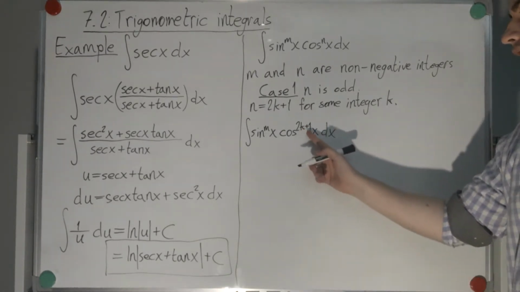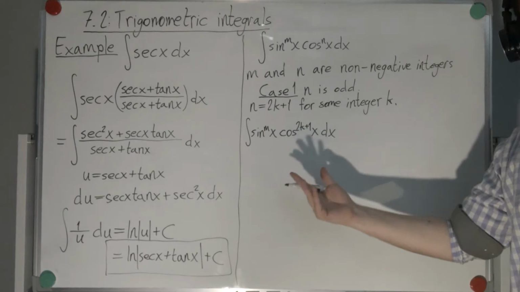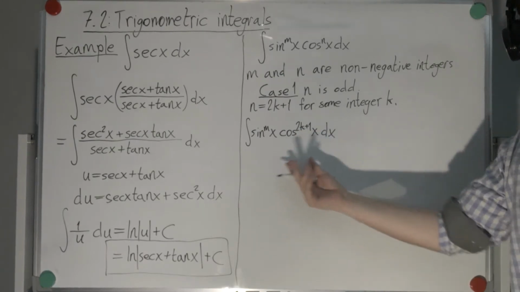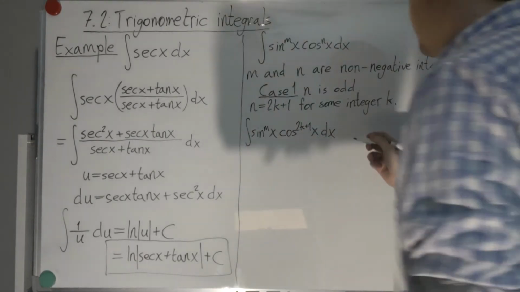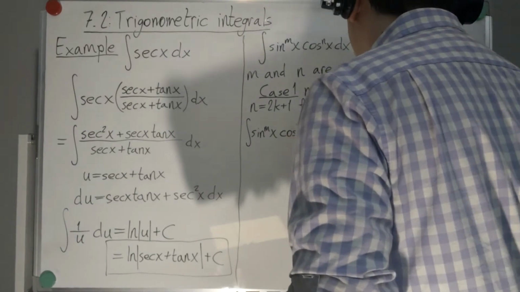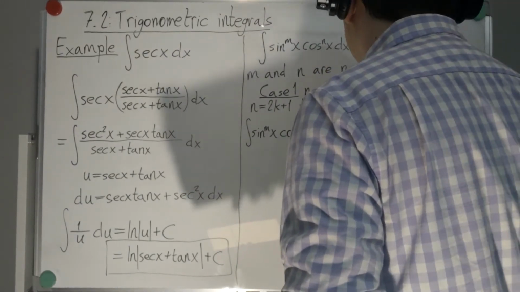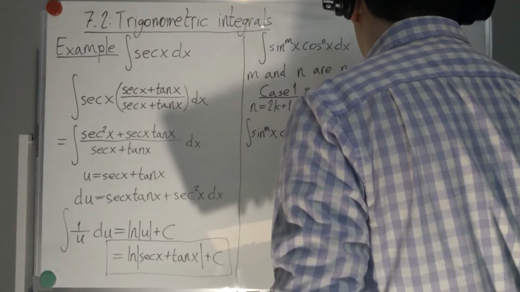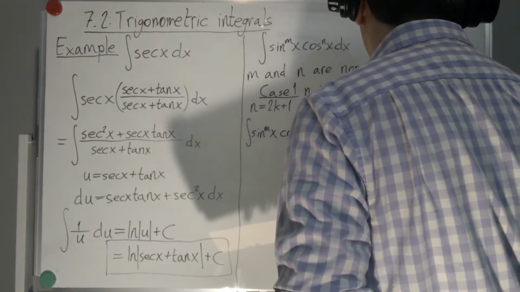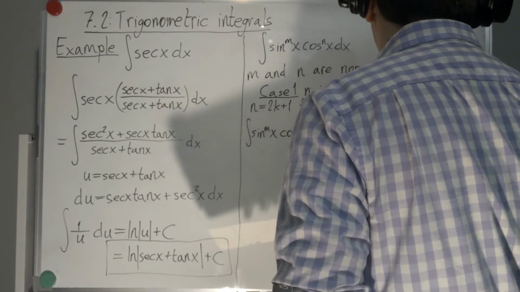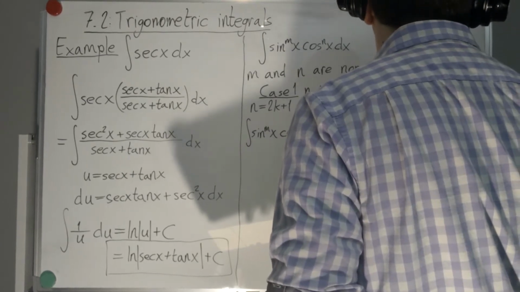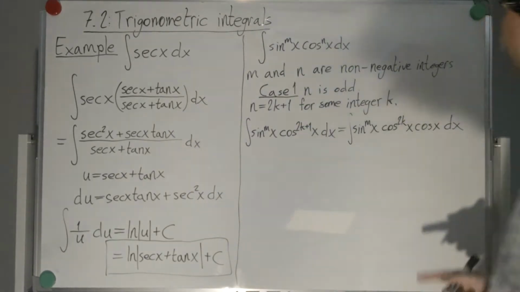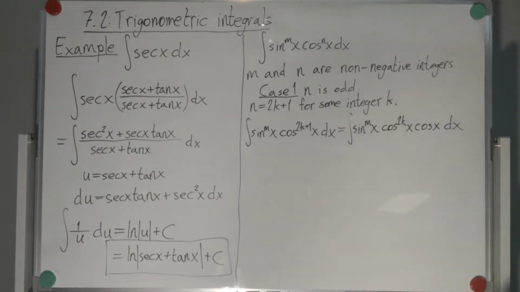Now, if you have addition in the exponents, that's the same as having a product of two exponentials. So we can understand this as the integral of sine to the m of x times cosine to the 2k of x times cosine to the 1 of x dx. And of course, cosine to the 1 is just cosine.